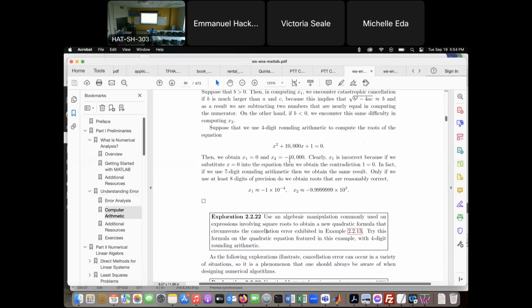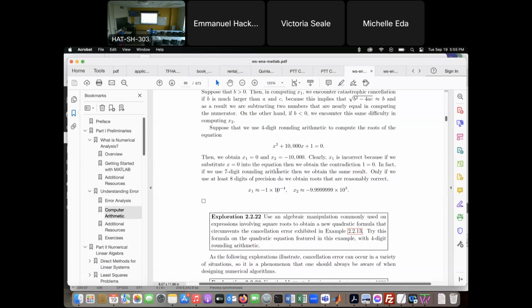But if I substitute these roots into the quadratic equation, this one is terribly wrong because I end up with 1 equals 0. It turns out I have to use at least 8 digits of precision because this is what the root should be. It's a small number, just too small for the precision that I had.